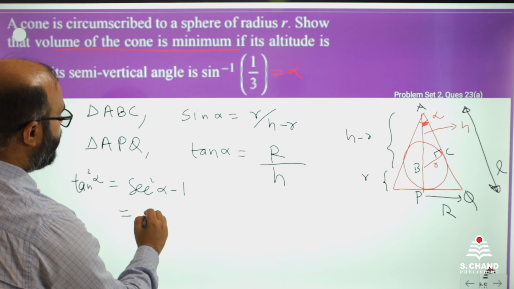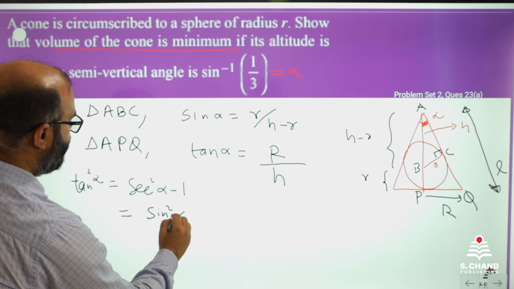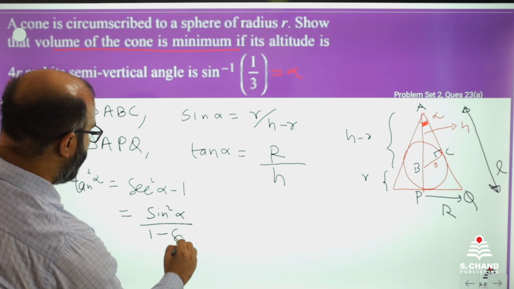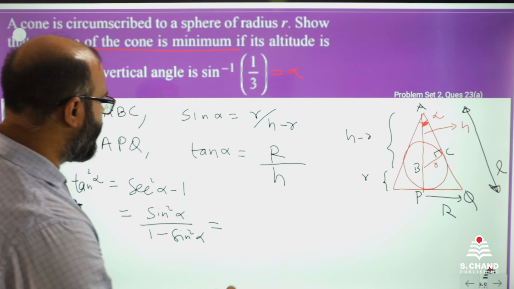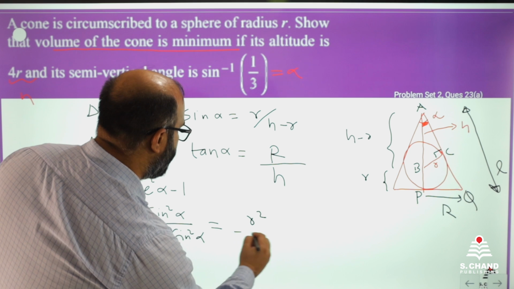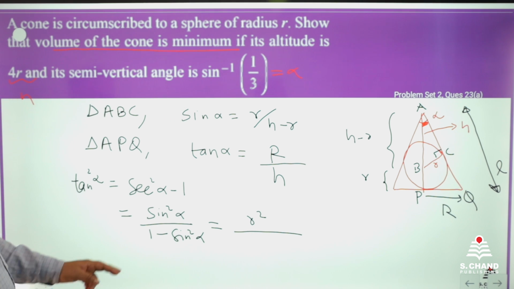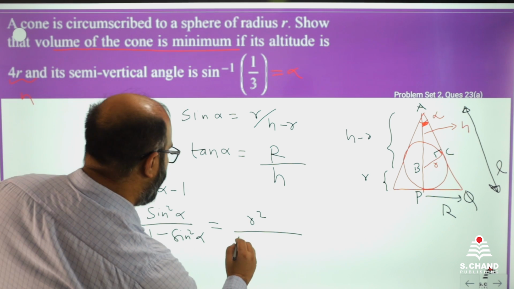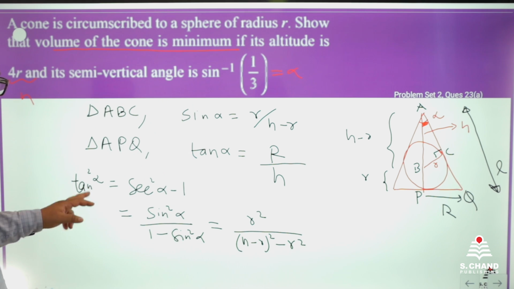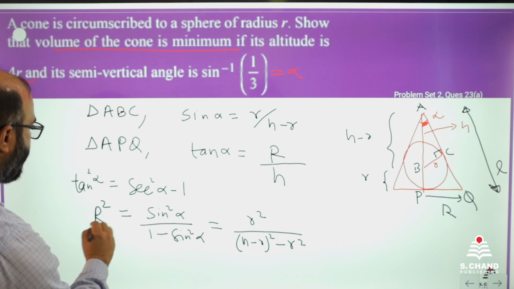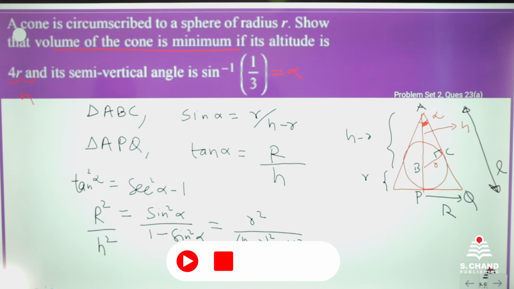So this will be sine square alpha by 1 minus sine square alpha. Now sine square alpha will become r square by h minus r whole square, and here it will become h minus r whole square minus r square, and tan square alpha will be r square by h square, like this.